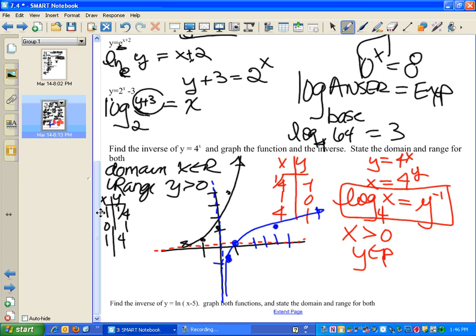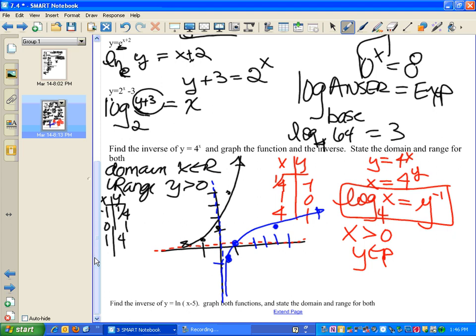So my asymptote was y greater than 0, which is this red line. And so our asymptote for the inverse has to be x greater than 0, which is this. Okay, so do we just do the dotted line above the 0? Well, it's not. It's supposed to be on the x-axis.